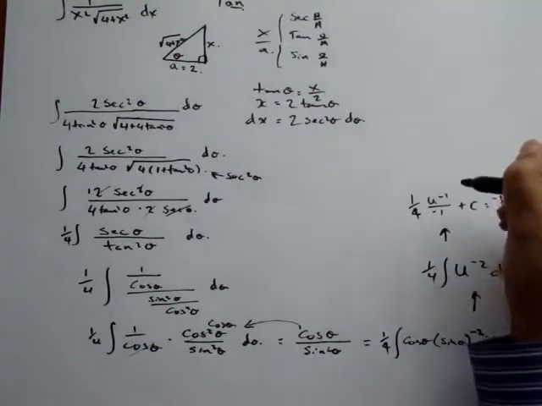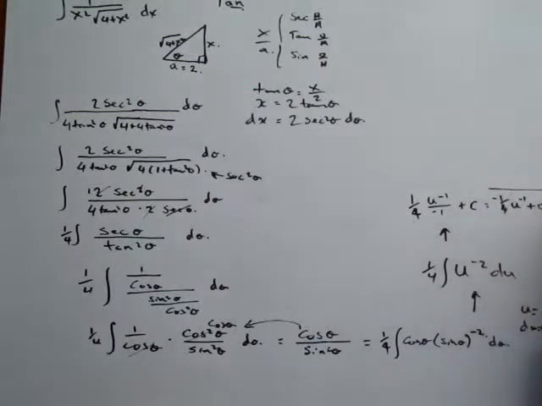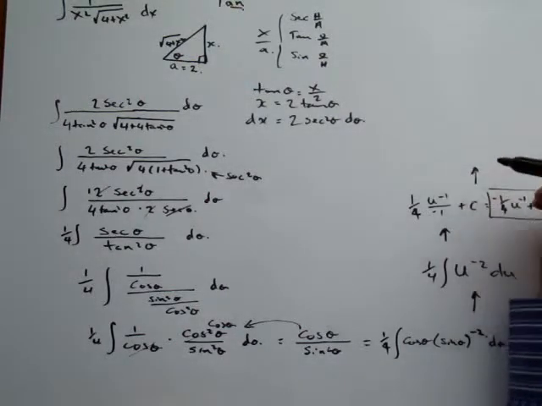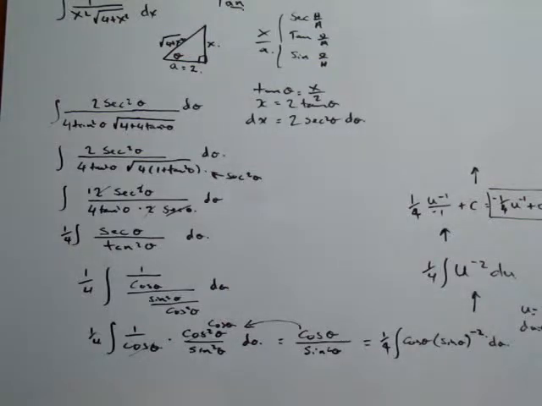Now what we have to do, once we've got this in the u form, is convert it back into x's. So first of all we convert it back into sines and then into x's.